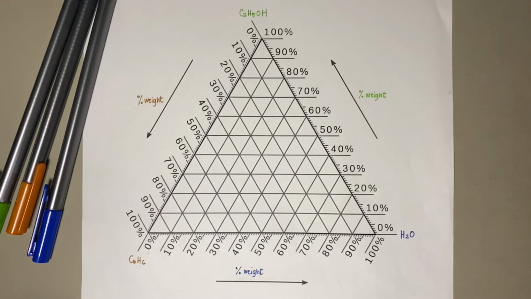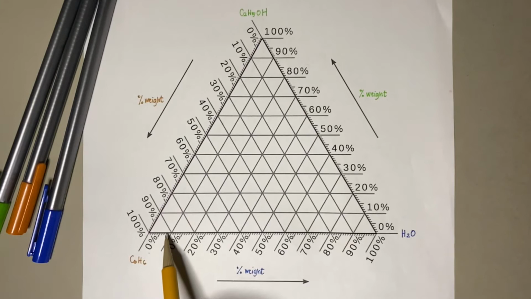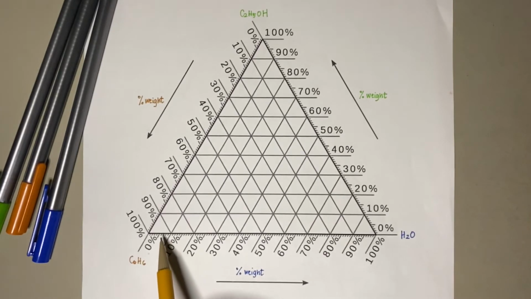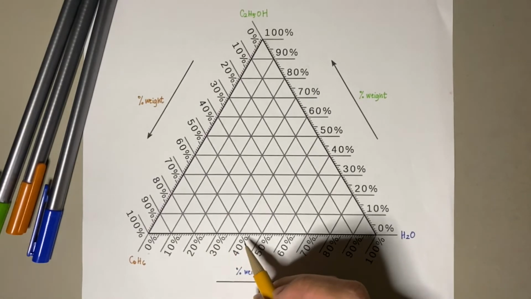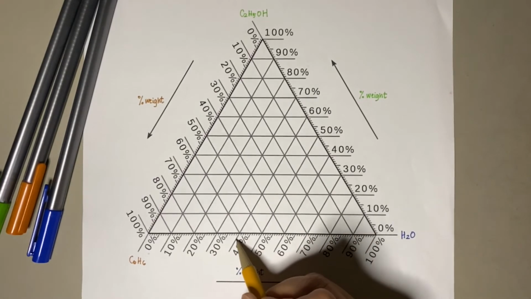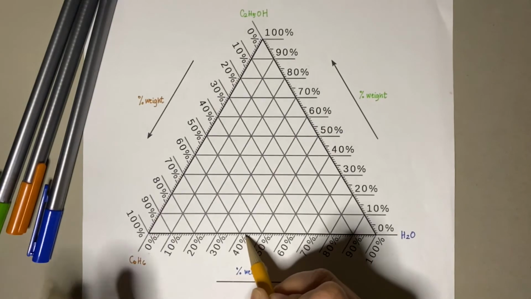Let's start with water. So if you notice, this Stokes Roozeboom diagram is particularly nice because it has minor ticks on its sides. So the major ticks give us by tens and the minor ticks give us by units. So you can locate 40 and then count 41, 42, 43.